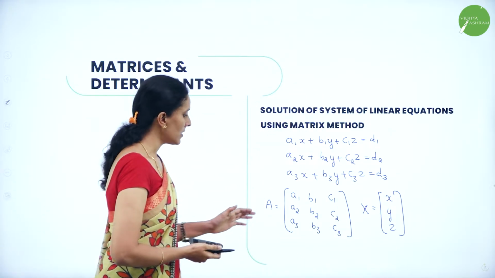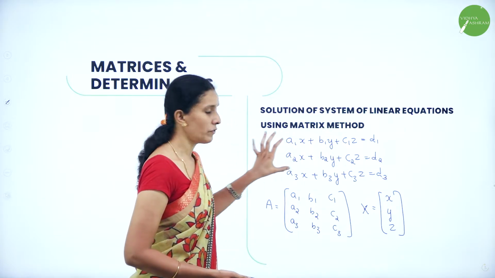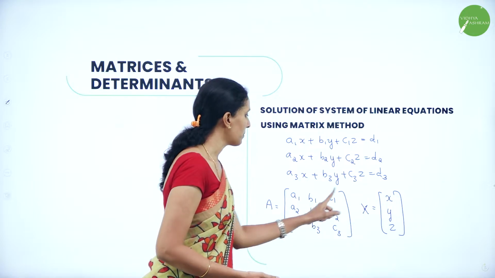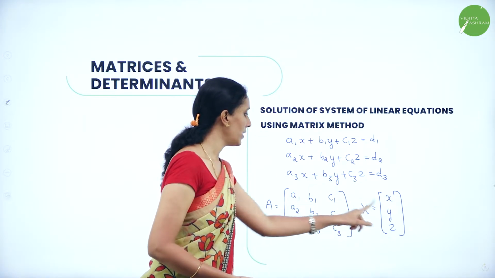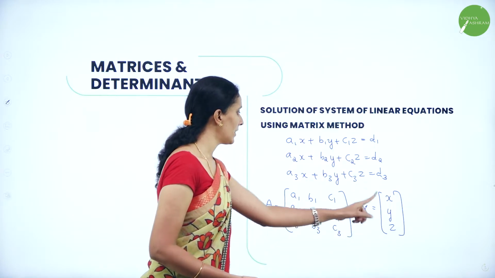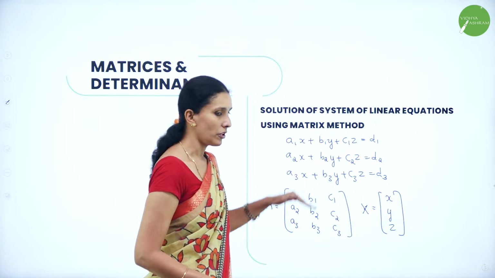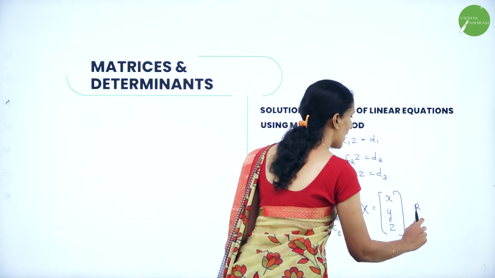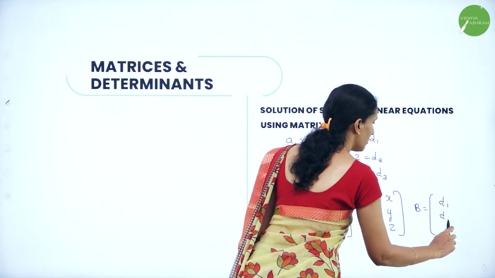Clearly, when you multiply AX, you will get the equations which you are observing on your left hand side. See, a1x plus b1y plus c1z, next a2x, b2y, c2z, a3x, b3y, c3z. So you will get the equations on the left hand side and the constants are taken as another matrix, that is d1, d2, d3.